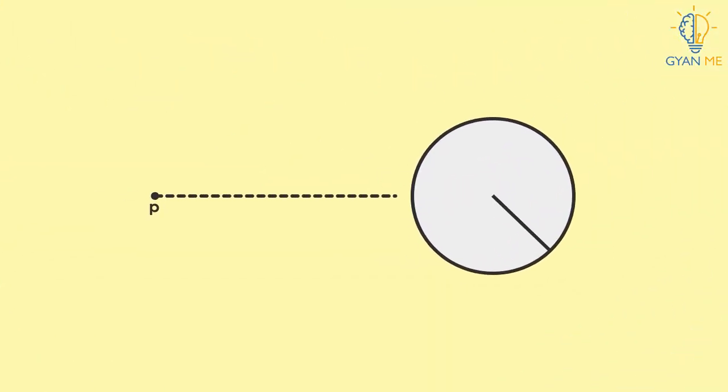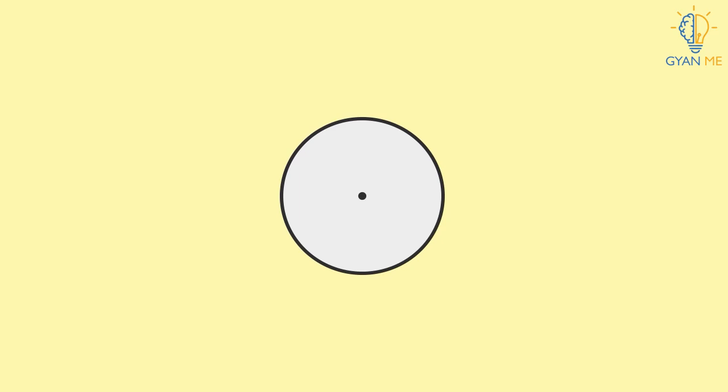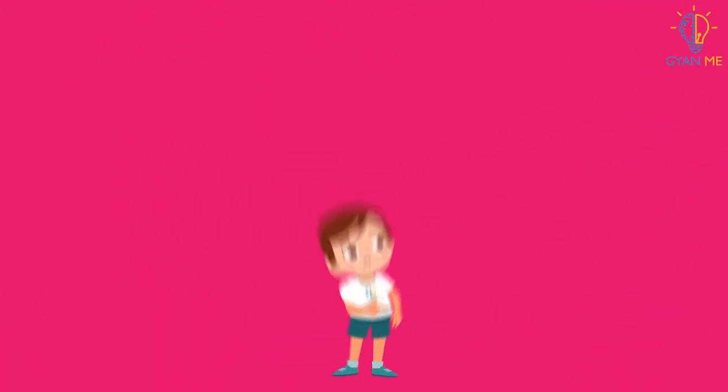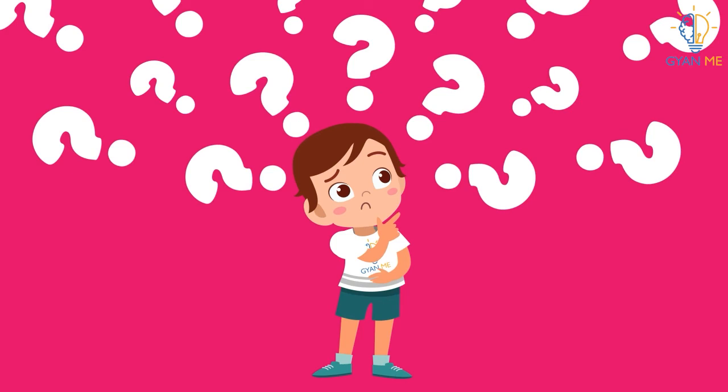We saw a case where we were not given the distance of a point from the circle. If we take a condition where we are not given the center of the circle, can we still draw tangents to this circle? You must be thinking, how is this possible even? How can we draw a circle without a center?